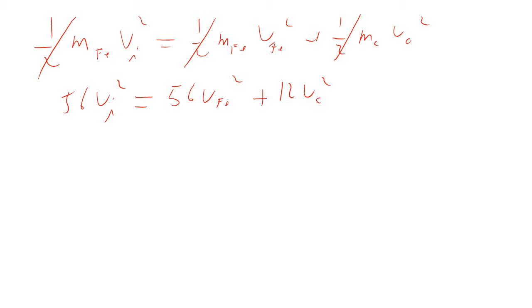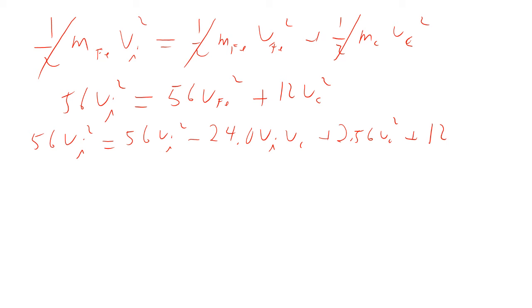Now that's 56 V sub I squared equals, now it's going to be 56 times what we derived before. So that would be 56 V sub I squared minus 24 V sub I V sub C plus 2.56 V sub C squared plus 12 V sub C squared.